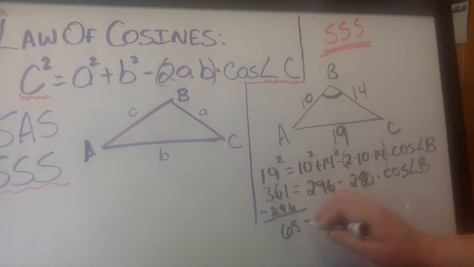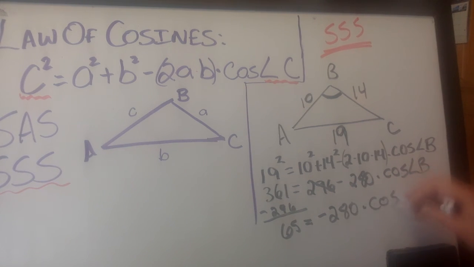Okay, so 65 is equal to negative 280 times the cosine of angle B. So we take the 65 and divide by negative 280.